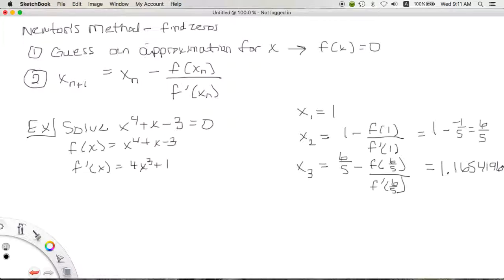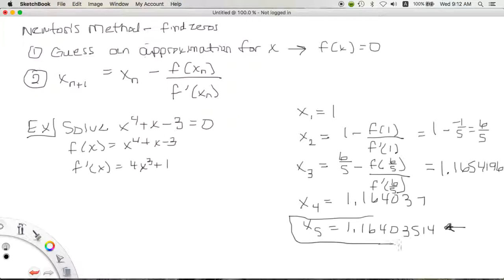For the next function, you put answer minus y1 at the answer over y2 at the answer, and hit enter, and then you can just keep hitting enter. You'll get x4 is 1.164037, and then x5 is 1.16403514, and then you'll find that you keep getting this one over and over again, which means that this is your 0.